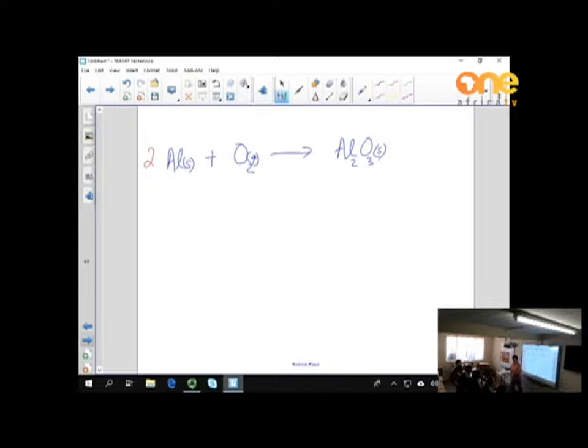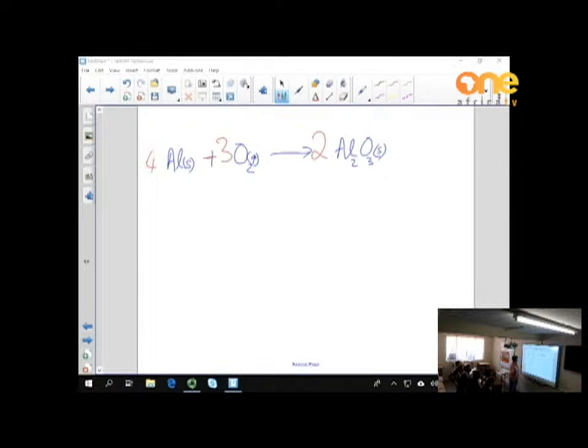Now this is a difficult one to balance because to go from 2 to 3, you must multiply with 1 1/2. But you can't have half an element. How would I get rid of the half mathematically? There's a trick that works 90% of the time. If that one is 2 and that one is 3, then I will need 2 there and 3 there. That's just a trick. It doesn't always work.